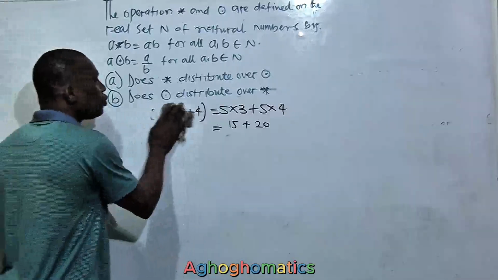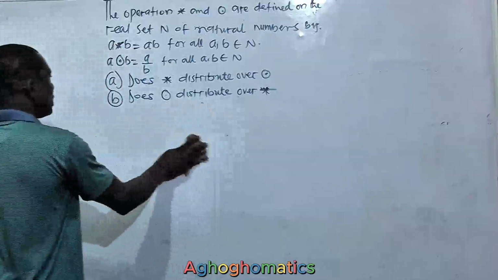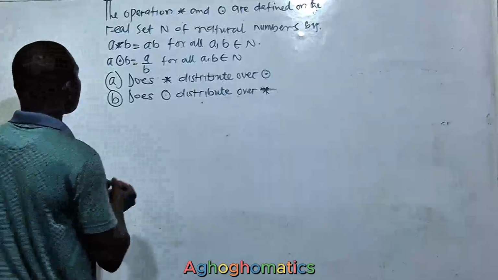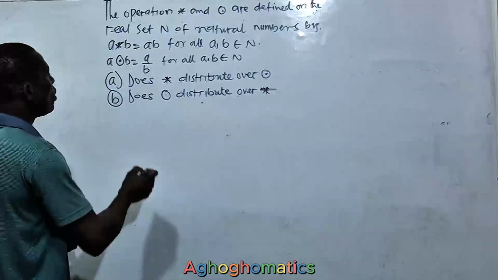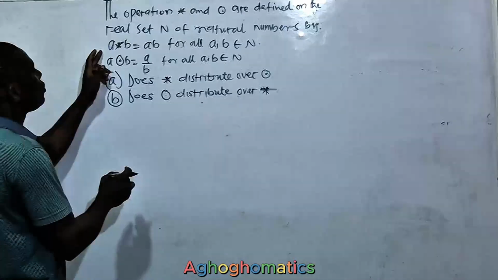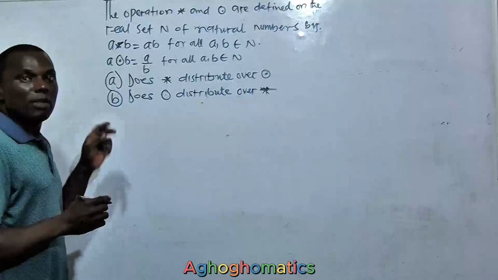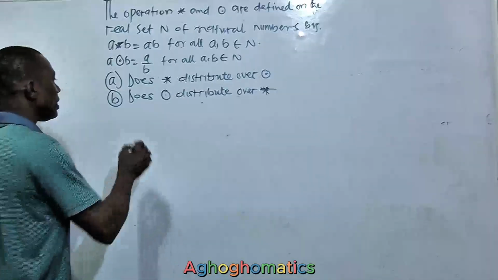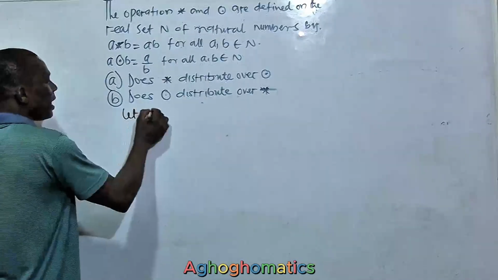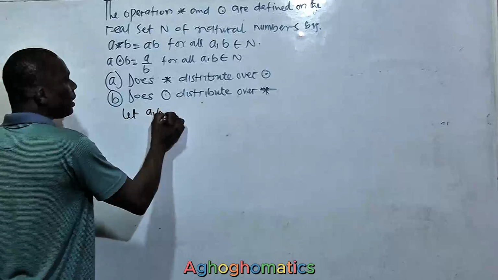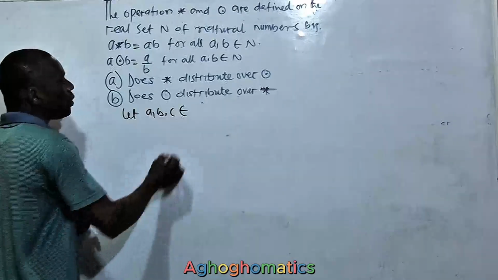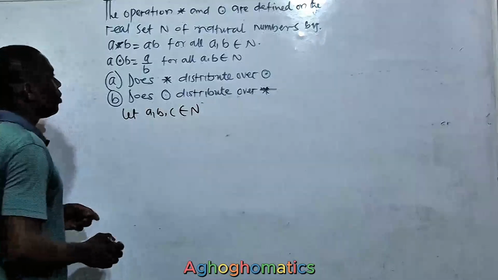So we have two binary operations here, one defined by this. Because we are using two elements given, we add another element. Let A, B, and C belong to the set of natural numbers.